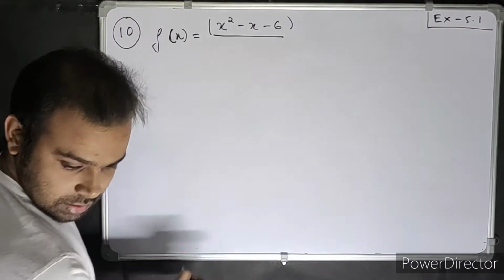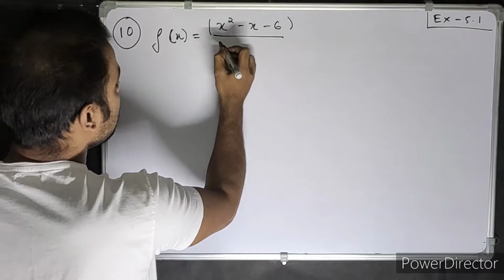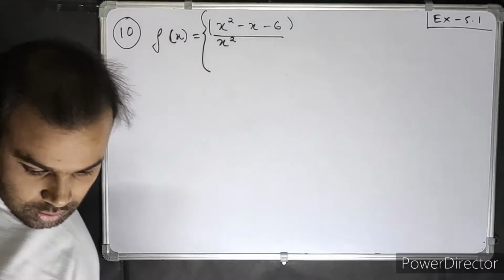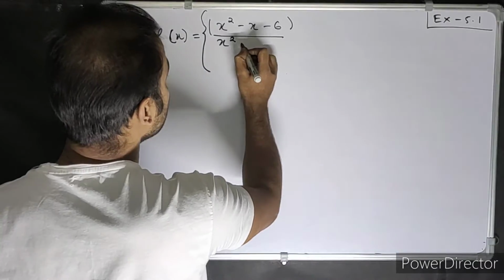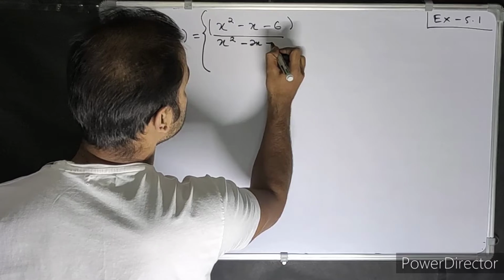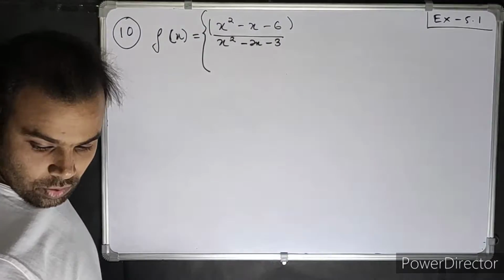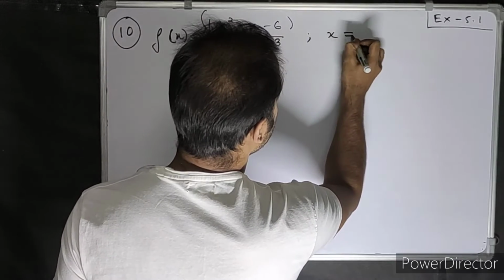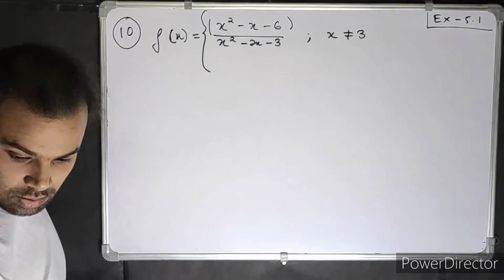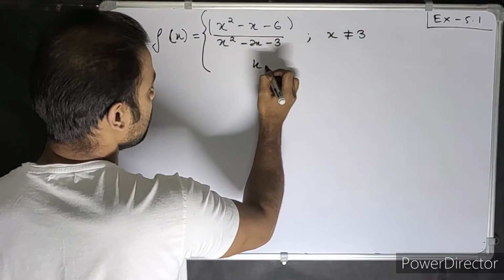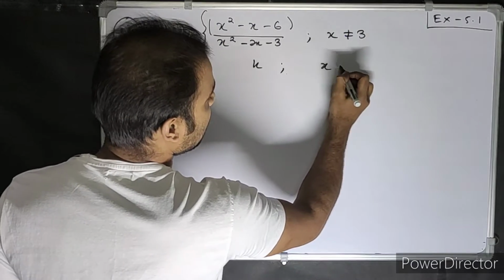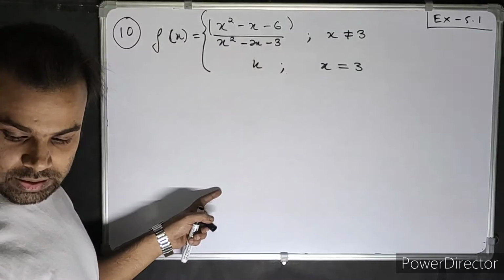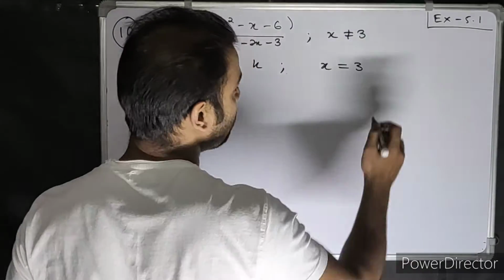f of x is this, divided by x square minus 2x minus 3, x is not equal to 3, and k when x is equal to 3. So it says find the value of k.